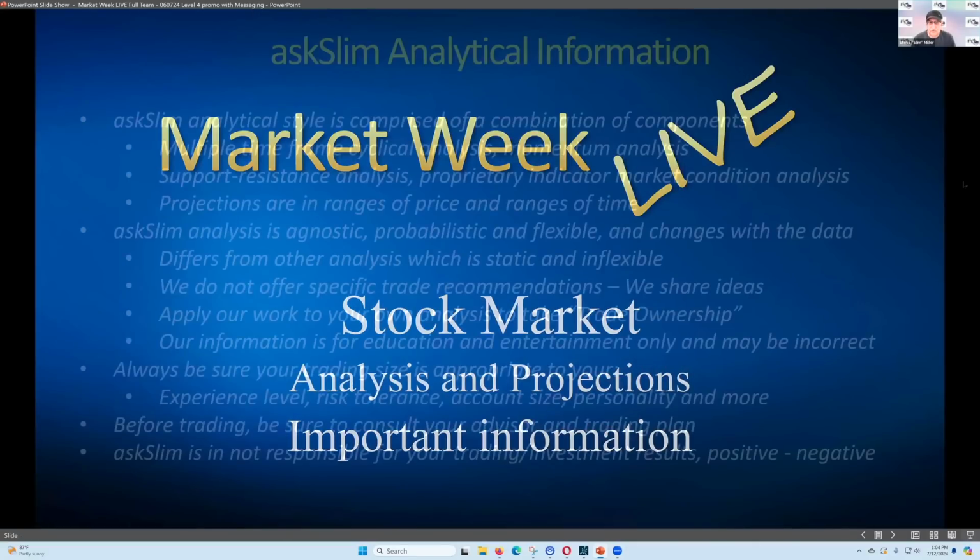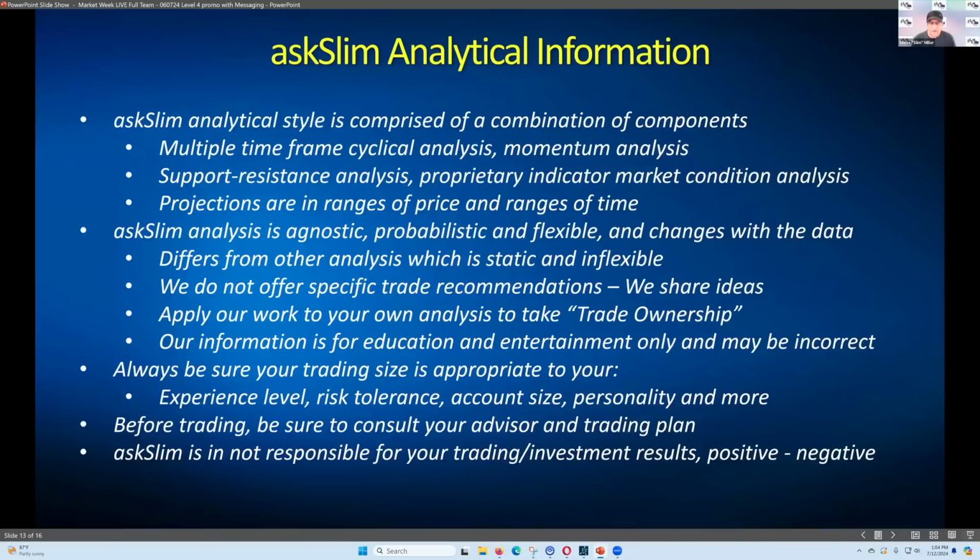First, of course, this important information about how our analysis is done, how we approach our analysis of the market. It's important for you to read, and also about how you use our analysis and the importance of trade ownership. I do have a video on trade ownership that I think is very important in our library.